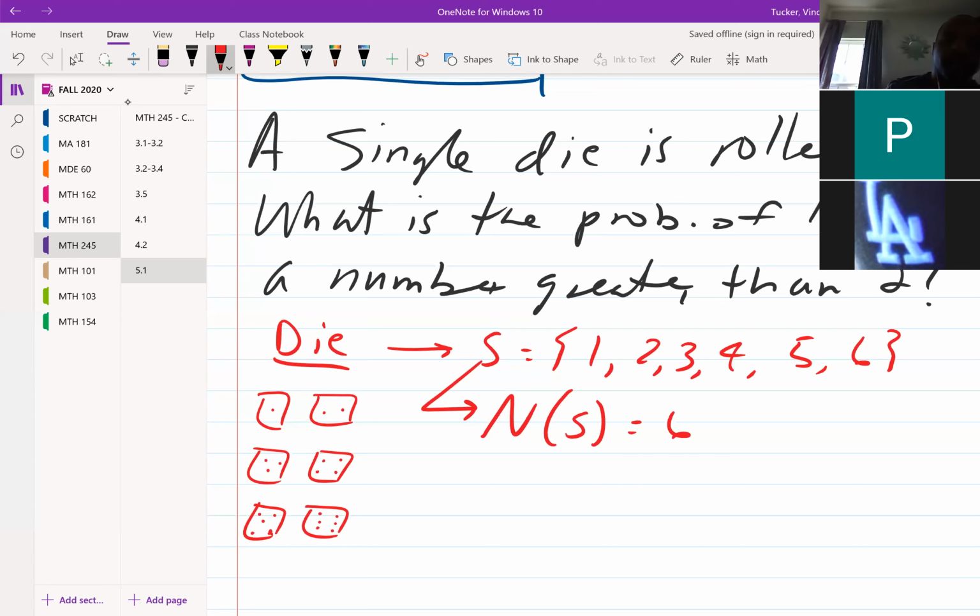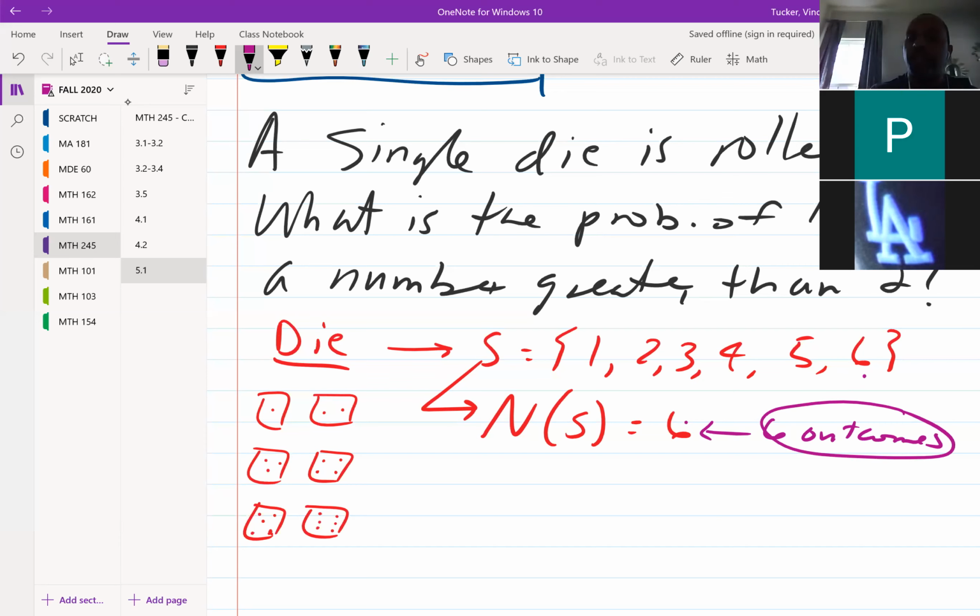And don't forget that 6 means I have 6 outcomes. These 6s don't have anything to do with each other. If I had 1, 2, 3, 4, 5, 10, then the number of outcomes is still going to be 6.